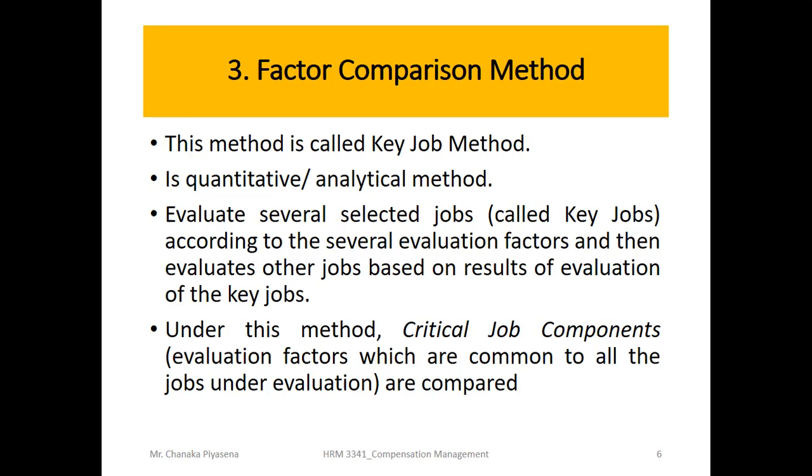Those selected jobs represent the whole range of jobs within the organization. That is called a key job. That's why the alternative term for the factor comparison method is the key job method, since it is based on these selected key jobs.